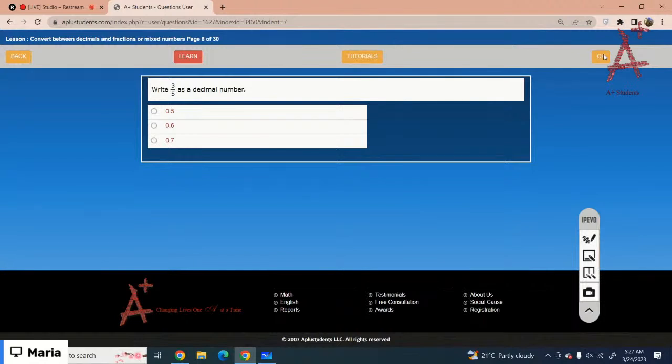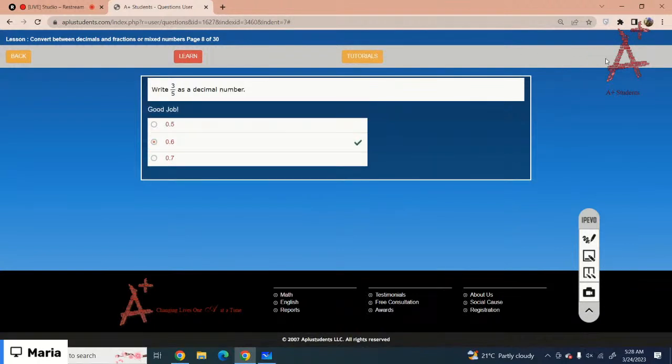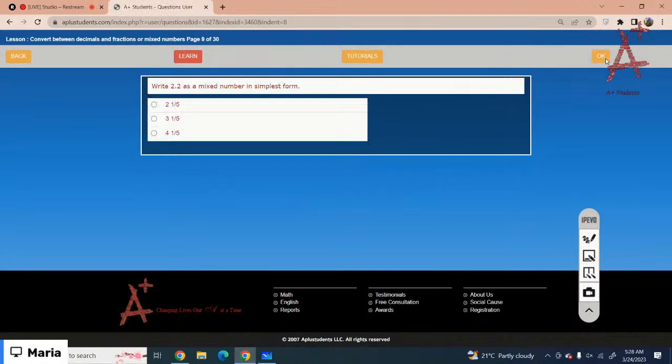So 3 over 5 equals, yes, it is 0.6. The correct option is 0.6. Not 0.5, it is 0.6.